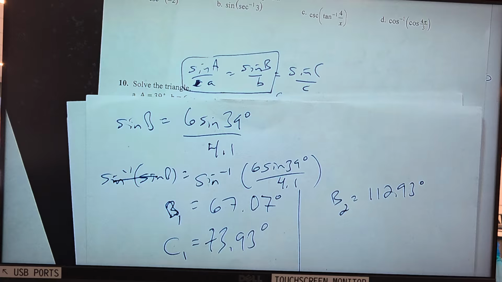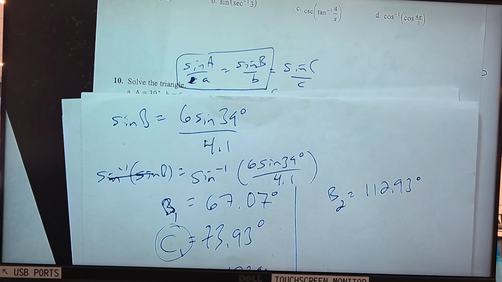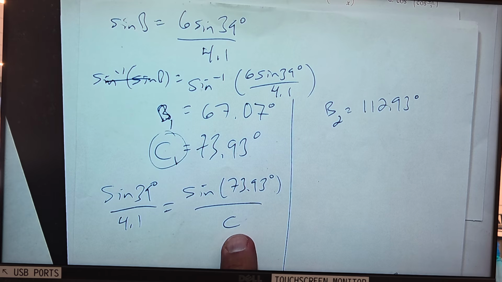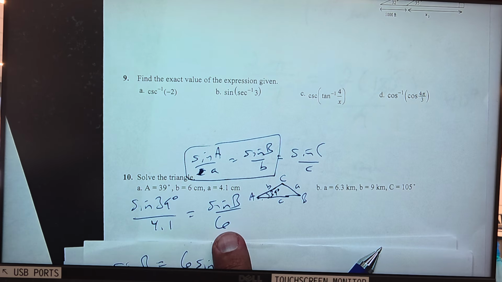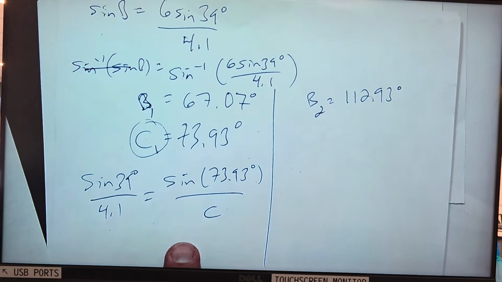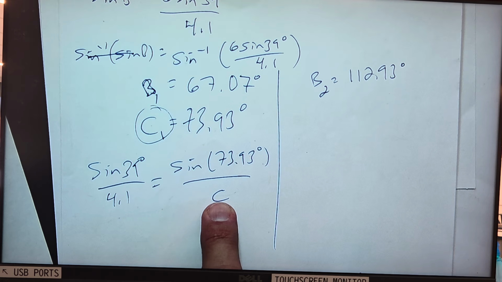But now I know angle C. So then I can set up that ratio, yes? I can set up the C ratio. I had the A ratio from the beginning, and we used that to get B, because we had information about B. Now I have information about C. So now I can finally get side C.